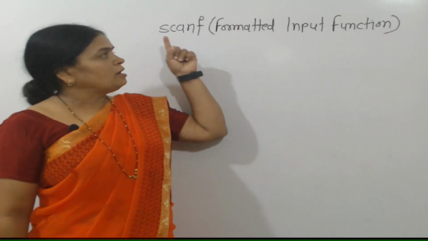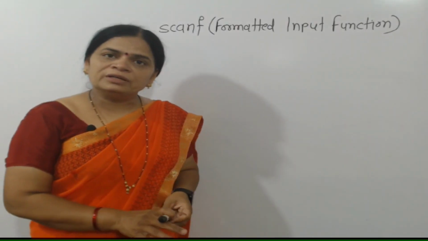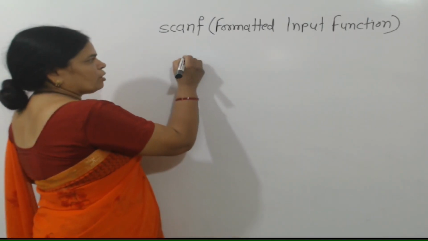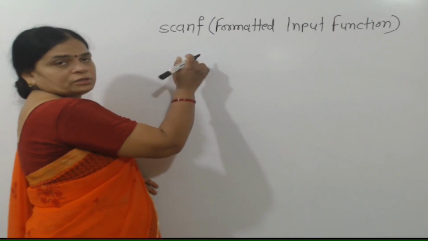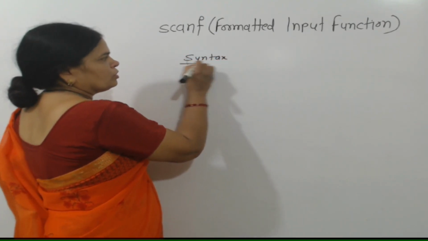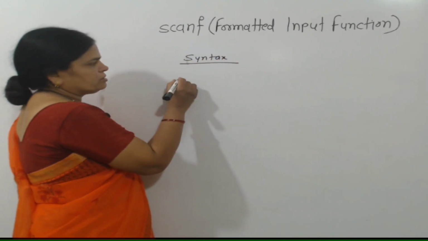So let us see how this scanf function is written and is used in the program. So firstly we will see the format or the syntax of this scanf function. So it is written like this, scanf.